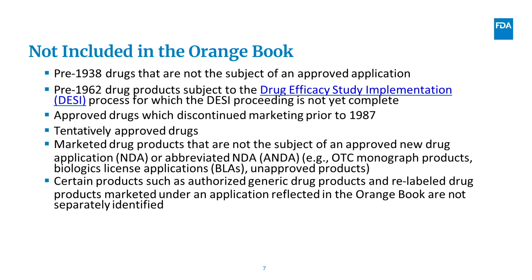Also important to note, products such as authorized generics or relabeled drug products that are marketed under an application that is in the Orange Book will not be listed separately. If you are interested in cross-referencing what application your product may be marketed under, you can check the NDC directory.